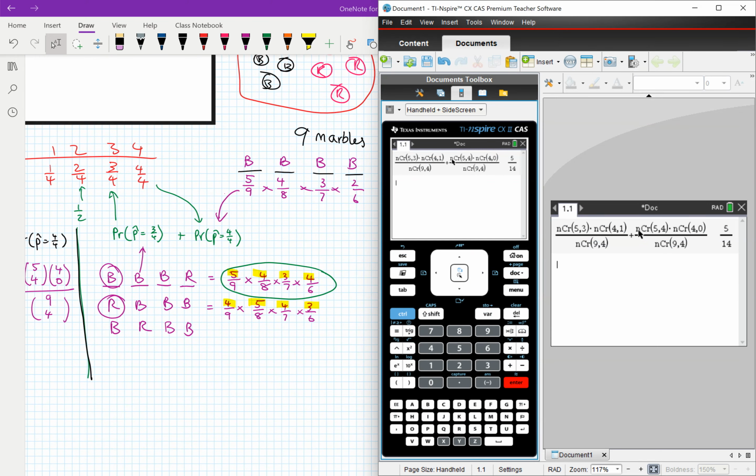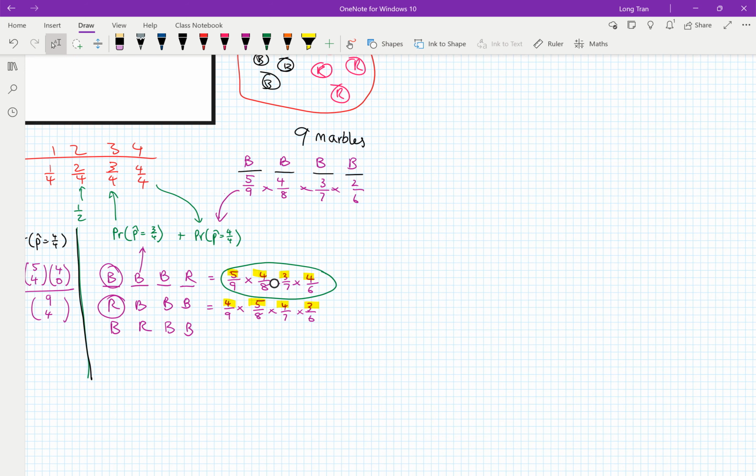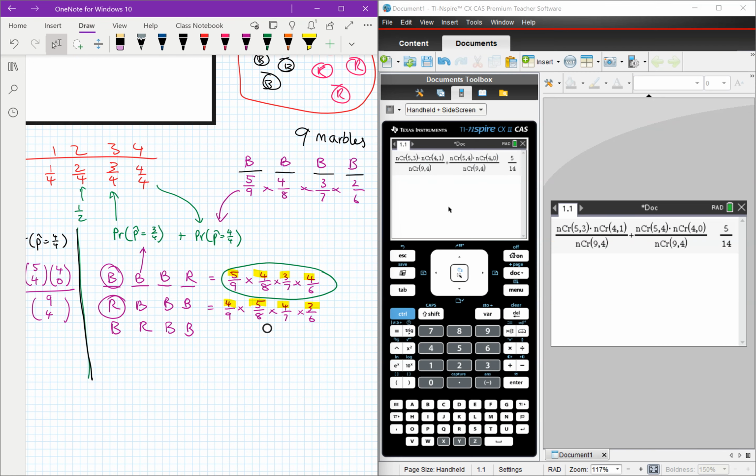So the first one, which we had over here, we were going to get that. So that's the proportion of all of them being blue marbles.